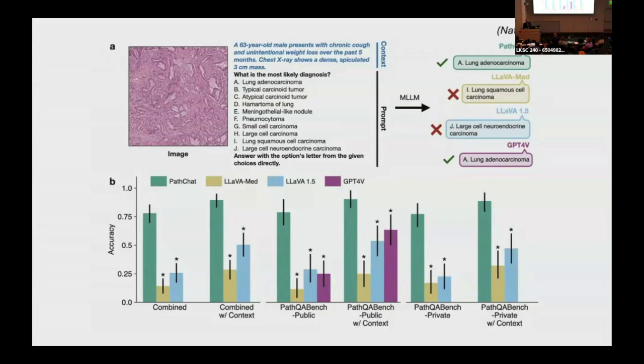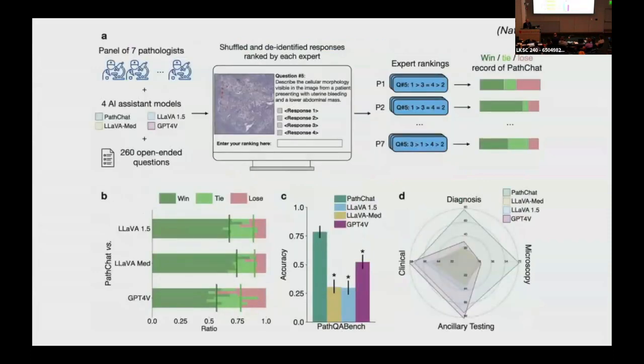And overall it does. But I think a more interesting assessment was when we asked a panel of 7 board-certified pathologists to rank answers from PathChat as well as from other multimodal large language models, and we found that PathChat overwhelmingly does better, in particular for diagnosis and for microscopy related questions. There are a lot more quantitative assessments around this in the publication.